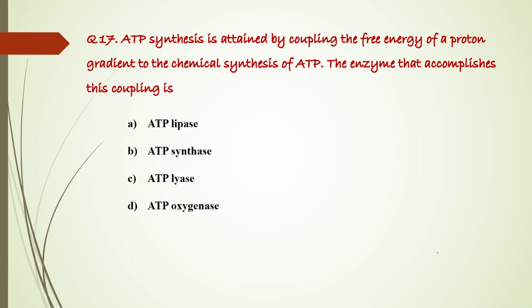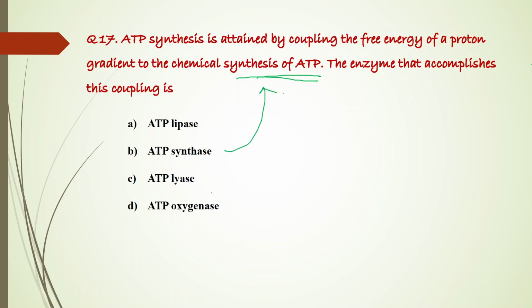Fine. So this one states ATP synthesis is attained by coupling the free energy of a proton gradient to the chemical synthesis of ATP. The enzyme that accomplishes this coupling is what? So there are 4 options. From the name itself you can already guess. So basically we are dealing here with synthesis of ATP. So what should be the enzyme that is related to it?